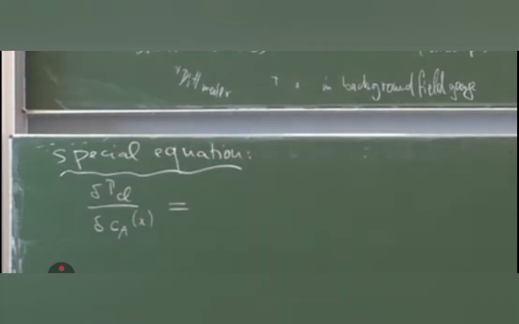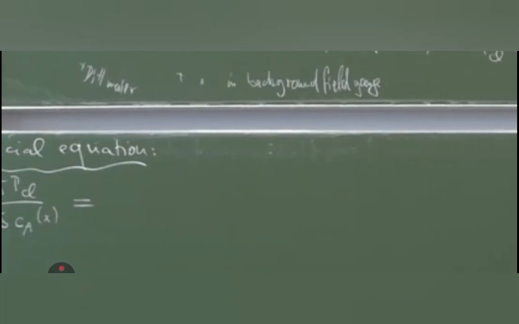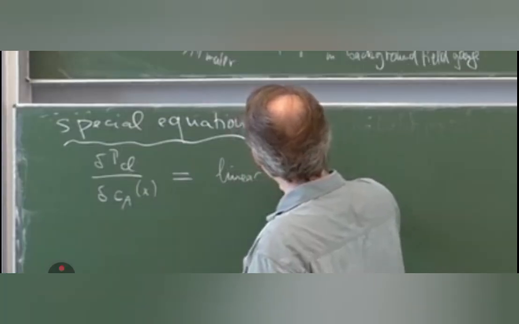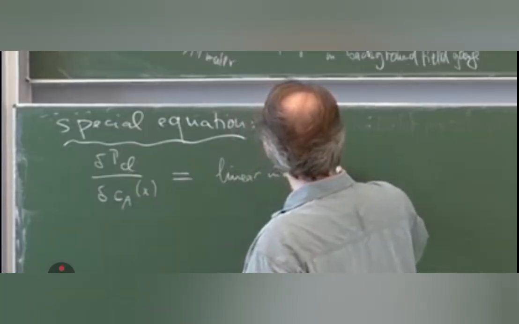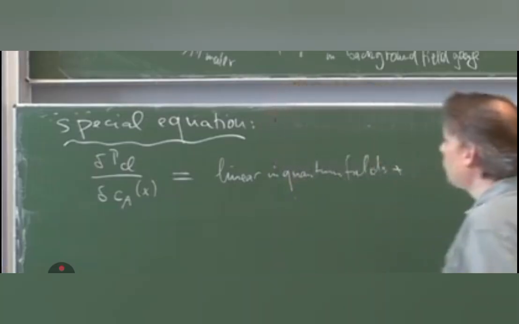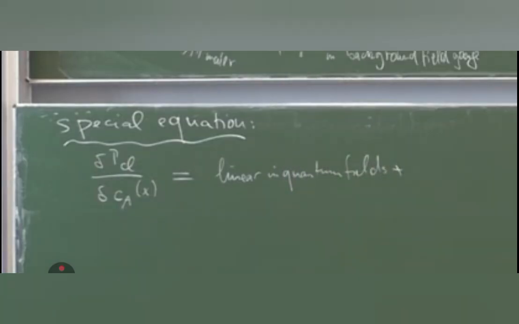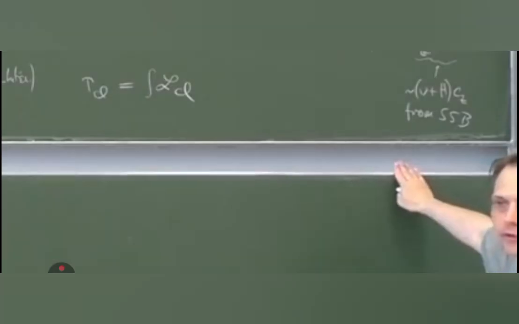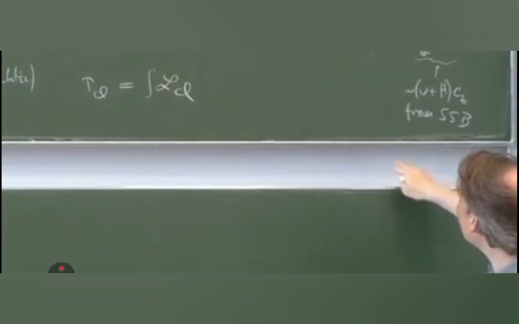So if we do that, then the point is that this is almost linear in the quantum fields. Most terms are linear in the quantum fields, but not all of them. So please search for terms where the photon ghost interacts with a product of other quantum fields.